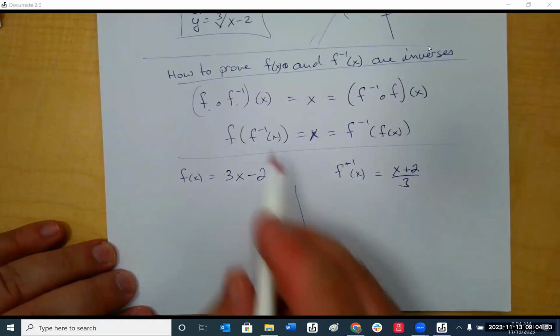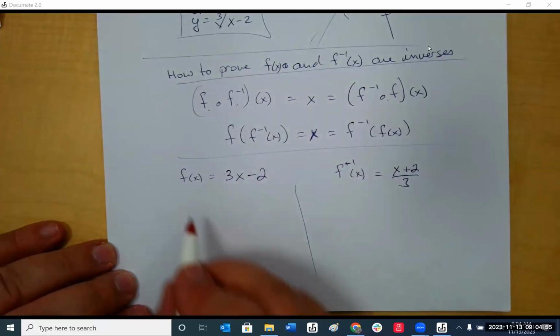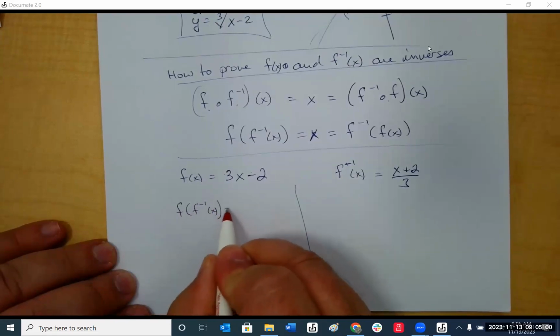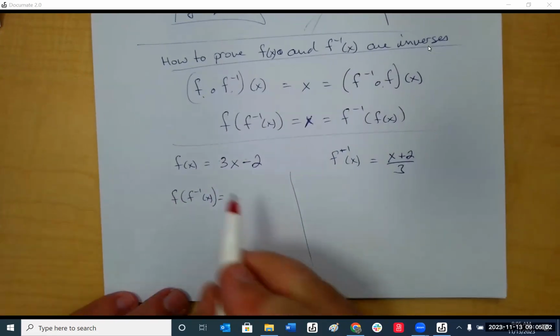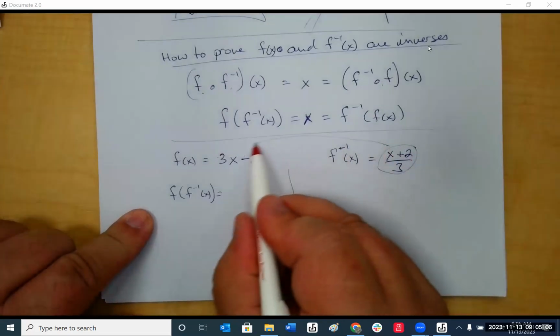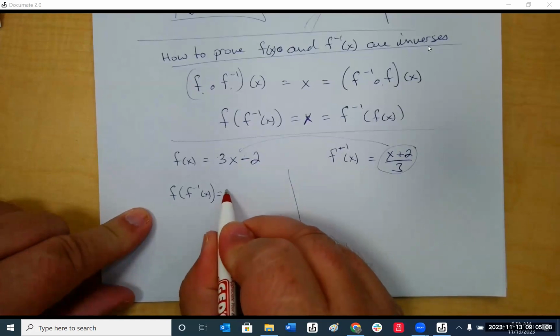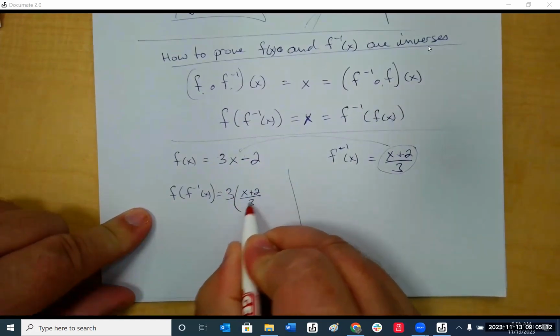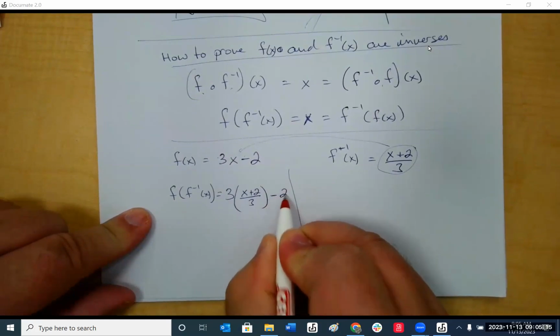So we have to check both of these sides. I take the inverse function. Anywhere I see an x, I put it in there: x plus 2 over 3 minus 2.